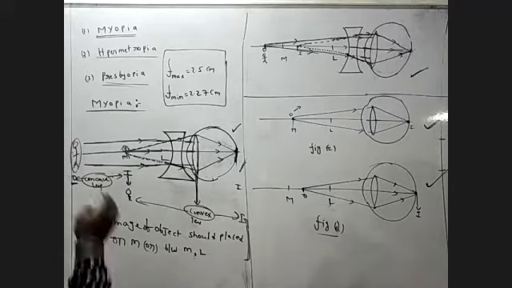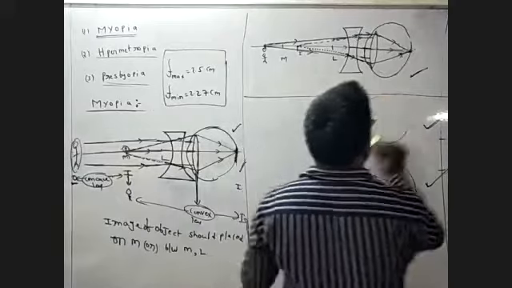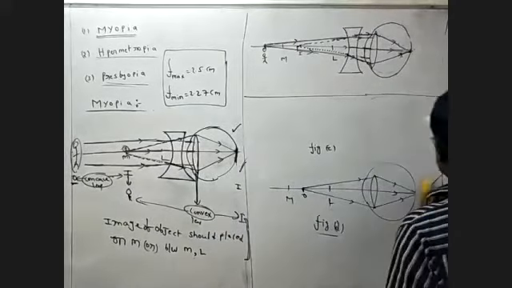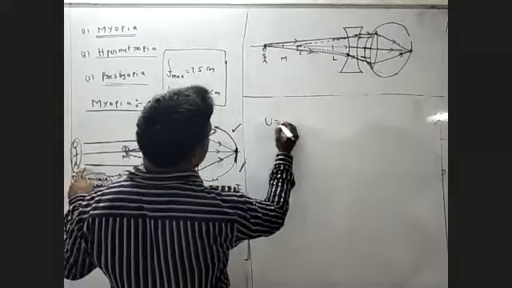How can we calculate this? You see that. The object is at this place; object distance u is equal to.